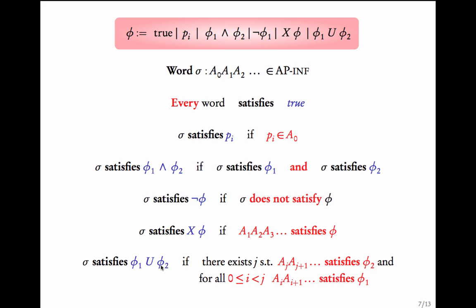Replace phi2 with whatever is there here. Then recursively write what this means using the definitions here, and you will understand that whatever you had in your intuition actually translates, and then you will be able to understand the definition better.